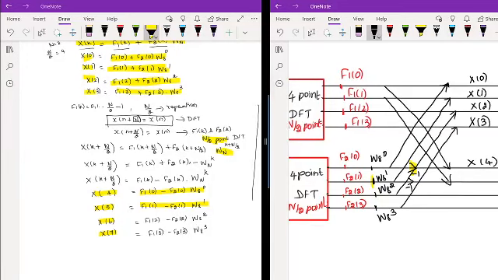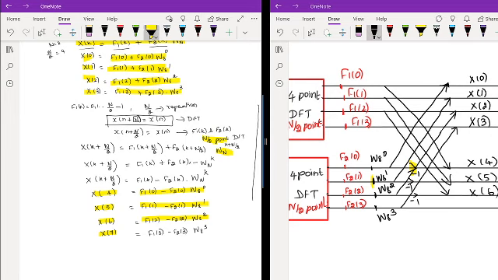For calculating x of 6, f1 of 2 minus f2 of 2 into w8 power 2. So already here it is f2 of 2 that is multiplied with w8 power 2. So we need to subtract this from f1 of 2. So this is for x of 5 and this is for x of 6.